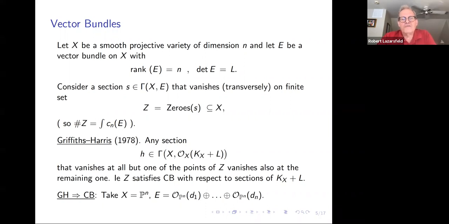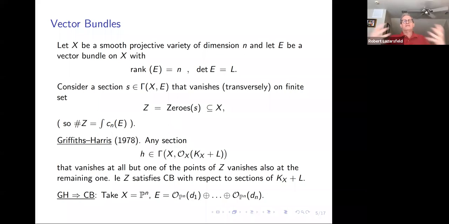Well, of course, if you have a section of a rank n vector bundle on an n-dimensional variety, you expect it to vanish at a finite set of points. So we're going to assume that this section vanishes on a finite set Z. And again, just for simplicity, I want to think that this section vanishes transversely, so that, let's say, the graph of the section is transverse to the zero section. But again, that's just for simplicity.